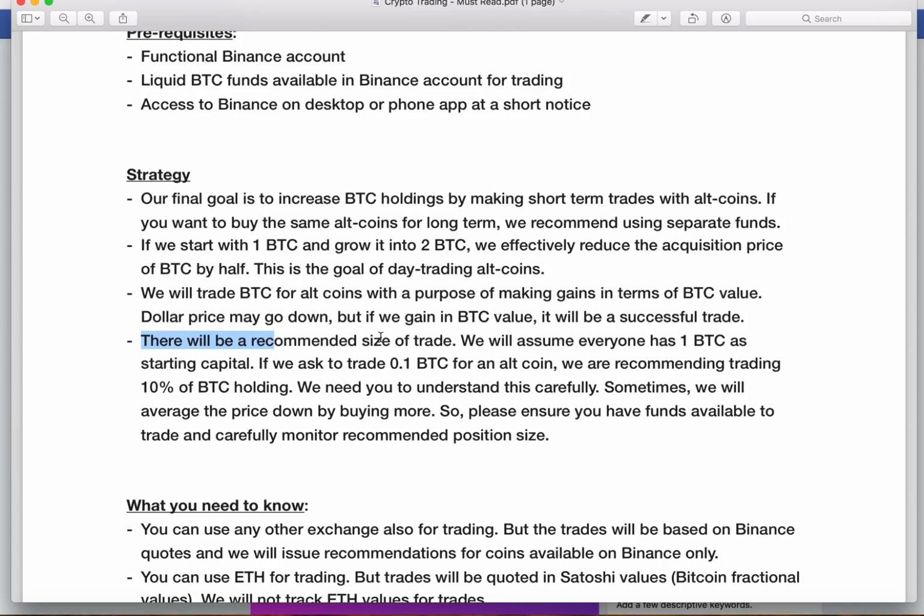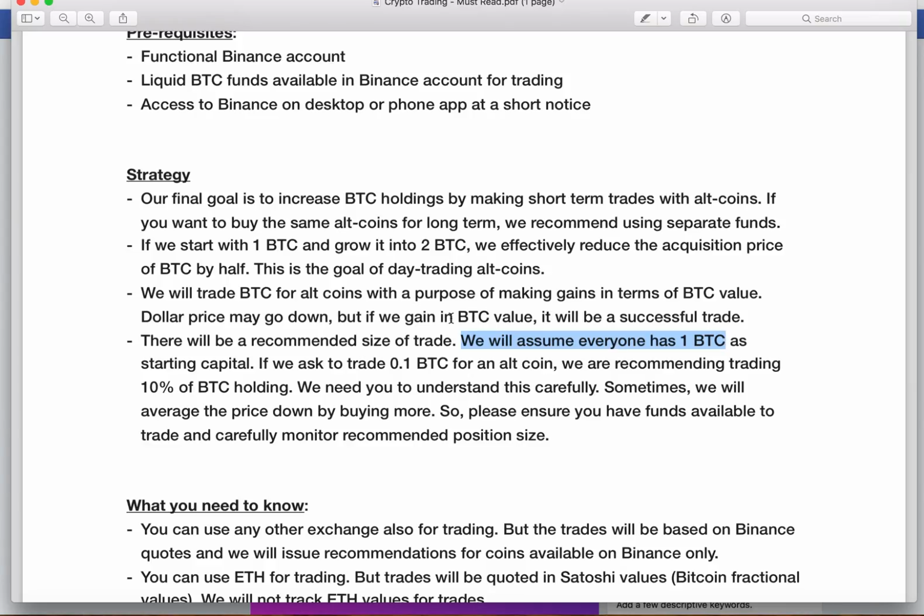The other part I wanted to highlight is that there will be a recommended size of trade. For every trade, we will talk about what should be your position size. And just as a baseline, we are assuming that everybody has exactly one BTC as a starting capital.